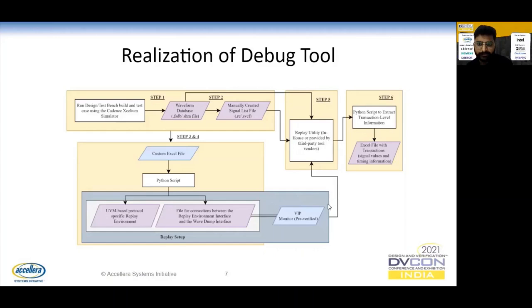Once the data is ready from the monitors, it can be extracted using automation. So finally, we get the transaction list here. It will be easy for any engineer to process the final list of transactions. He can look for the specific transaction which is failing or which is getting stuck.